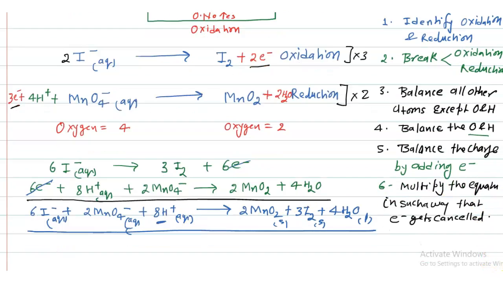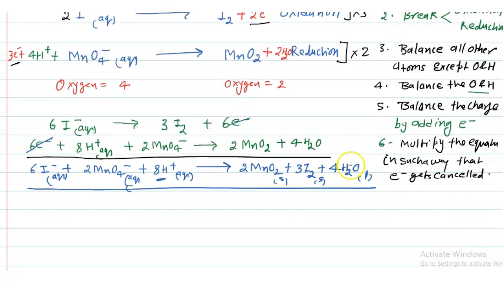Now how do we convert it into basic medium? For basic medium, add the same number of OH minus ions on both sides as the number of hydrogen plus ions. So for 8H plus ions, add 8 OH minus on both sides. Now it will become 8 water. So 4 water and 4 water from here will cancel out, and 4 will be left.